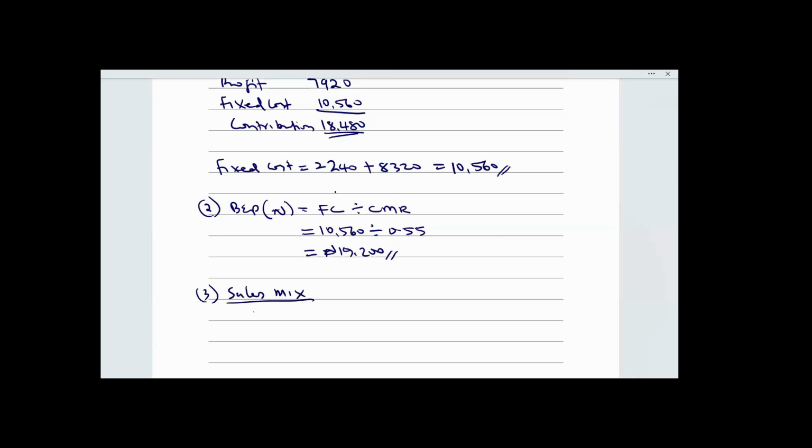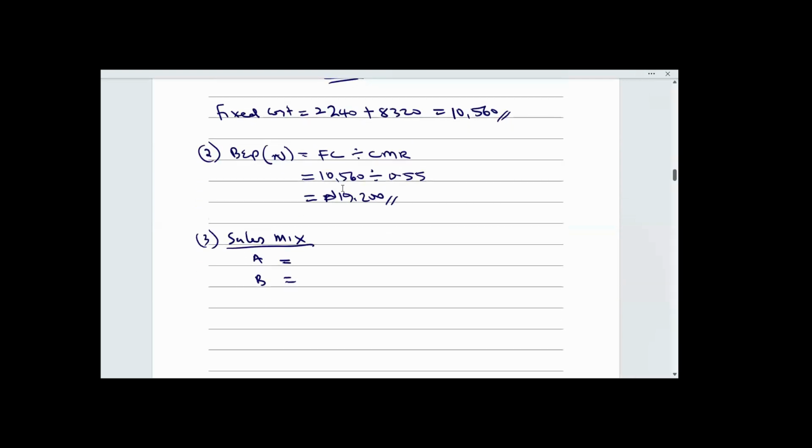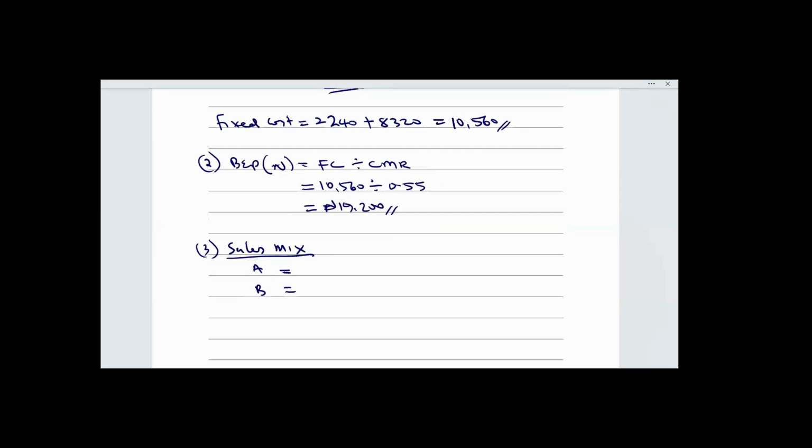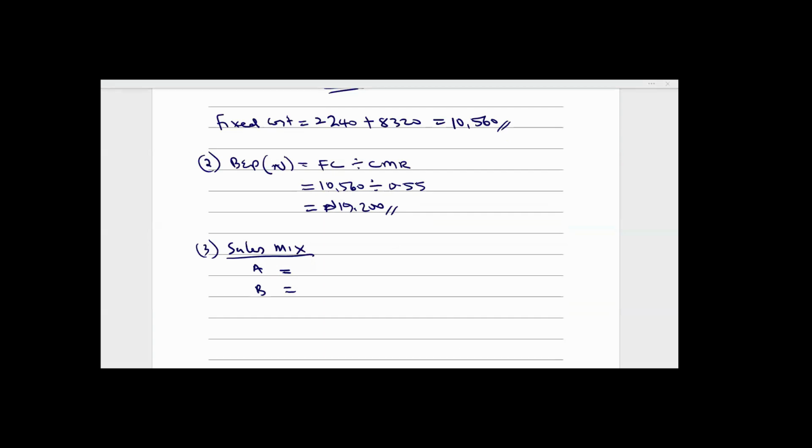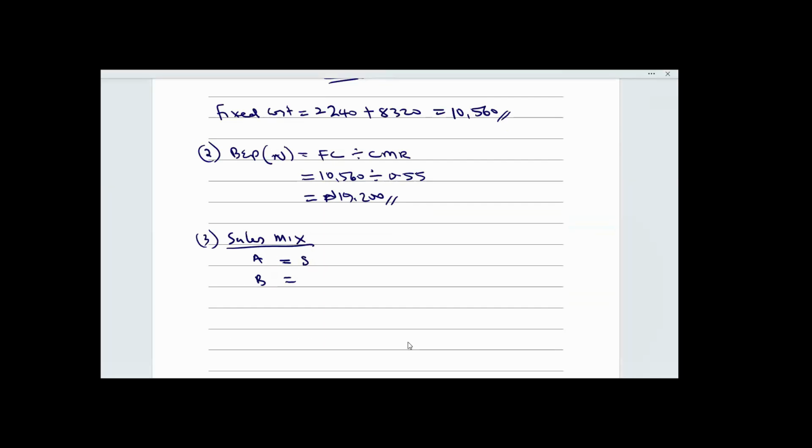To get the sales mix for A and B, I will then go back to the question. The sales value of A is 8,400 divided by 33,600. What do we have there?